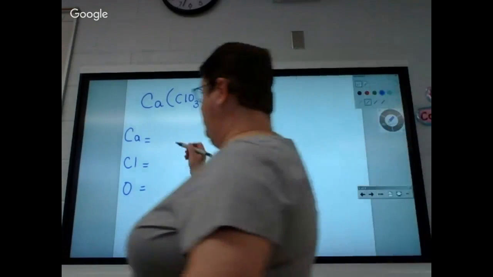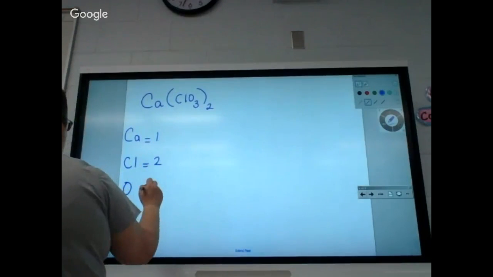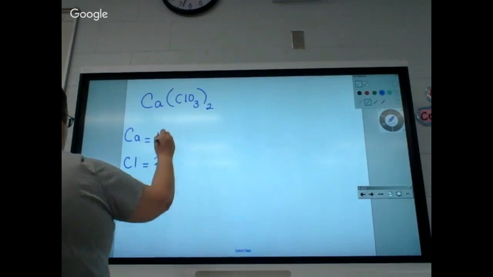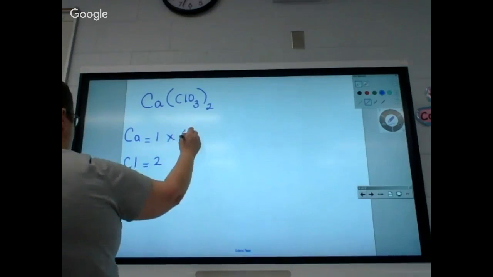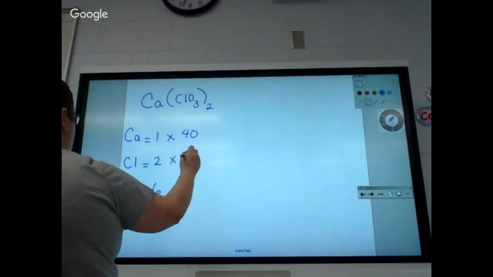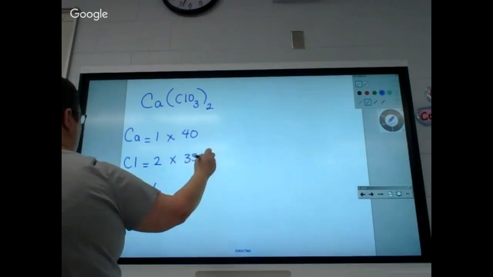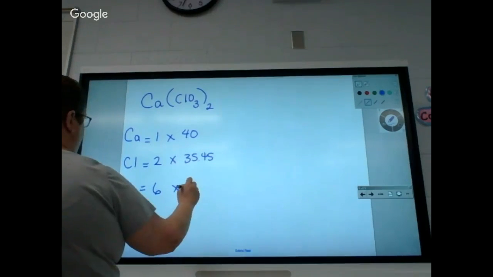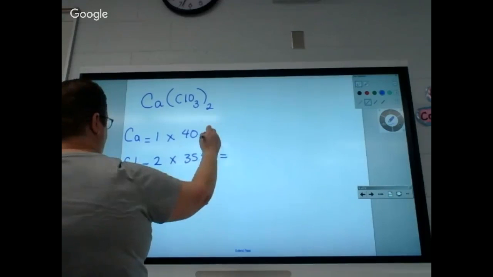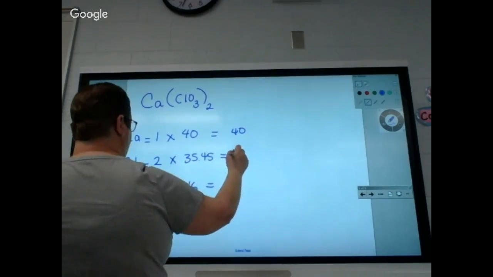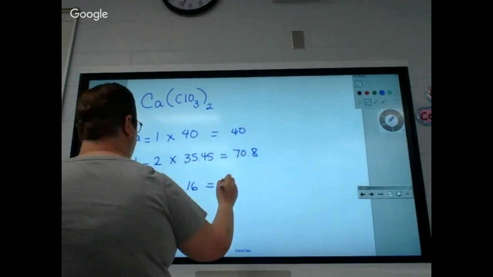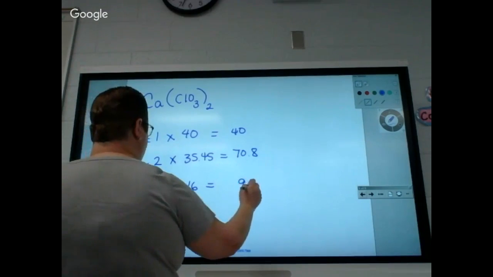How many Cls? 2. And how many Os? 6. That one has a mass of 40. I will not round that one to a whole number because it's really a half. And 16, 32, 32, and 32 ought to be 96.